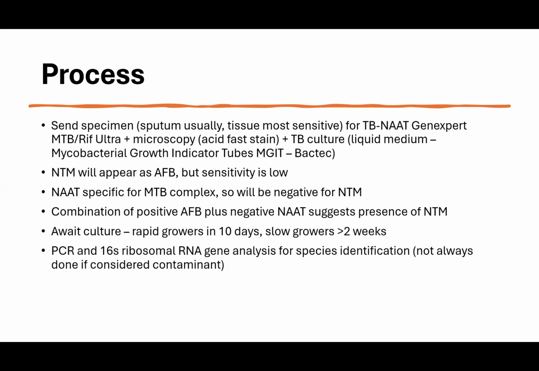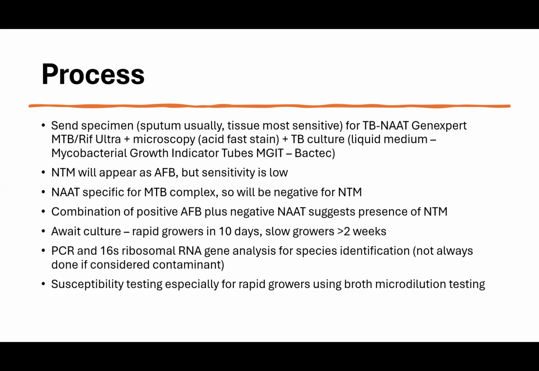I'm not sure this is always done if this was a specimen where it was considered a contaminant. But I also think that if you think the lab must please persevere with identifying the organism, then speak to the lab. Susceptibility testing is then done especially for the rapid growers, and that's done using broth microdilution testing.